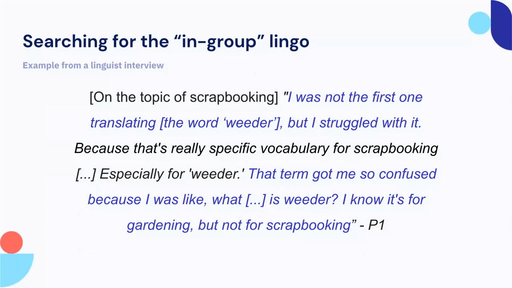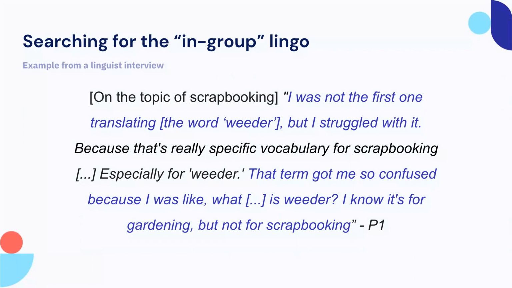The sentiment they expressed is that the term got them confused because they know what a weeder is in the gardening context, but they didn't know what that word meant for the scrapbooking context. And if you're a machine translation algorithm, you will need to train on a lot of data to be able to pick up this nuance. But if for some reason you didn't get it, then all of a sudden the translator has to figure it out, right?